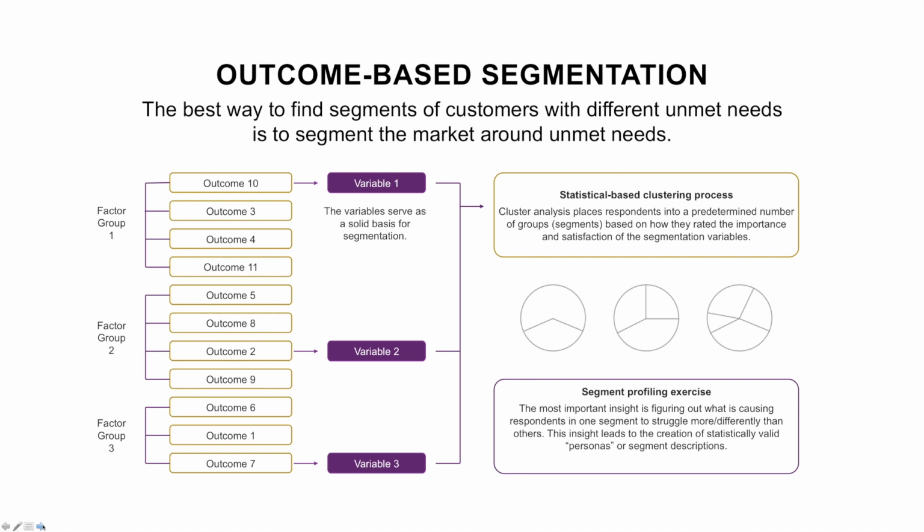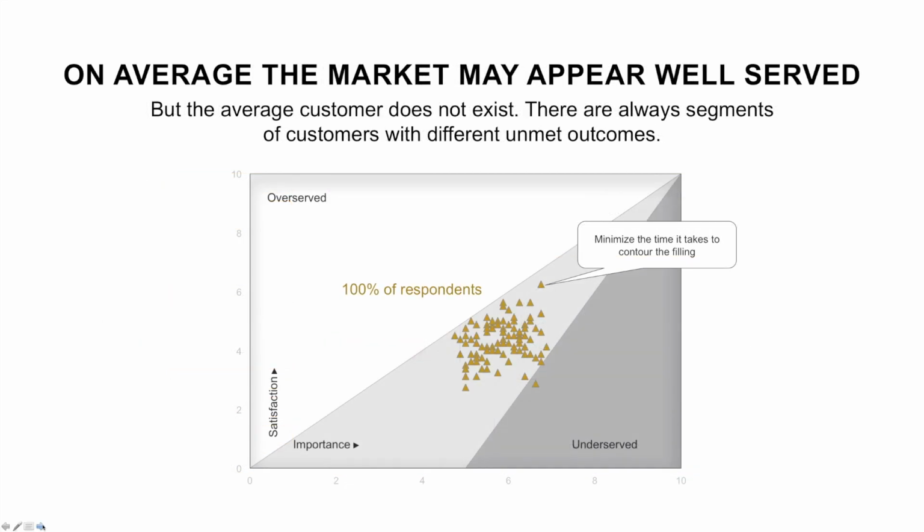This is a very insightful part of the process because, as I said earlier, in general, a market may look very different than its pieces. And typically we find that in general a market may look like it's a commodity market. It may look like there's nothing underserved or nothing overserved on average.